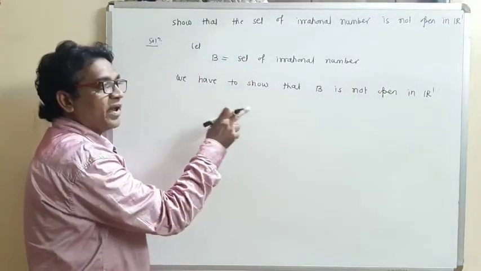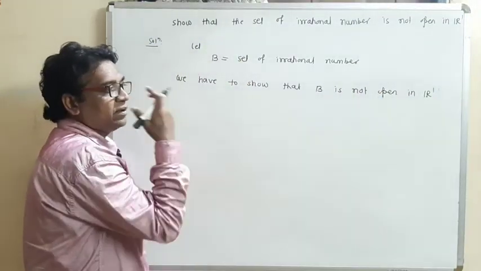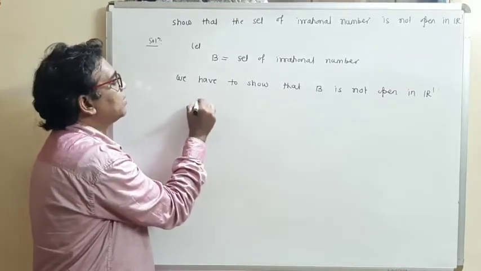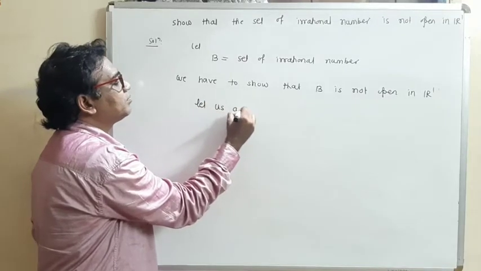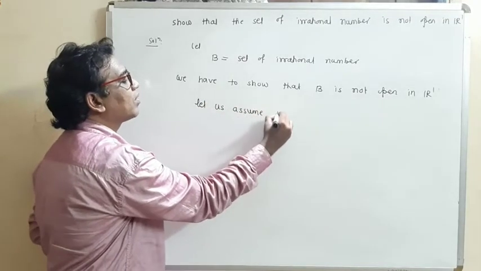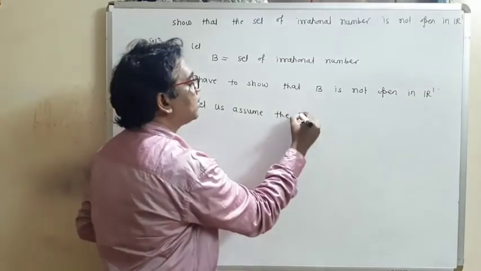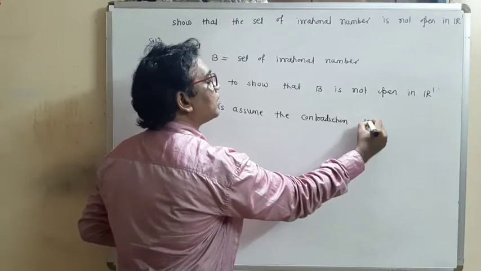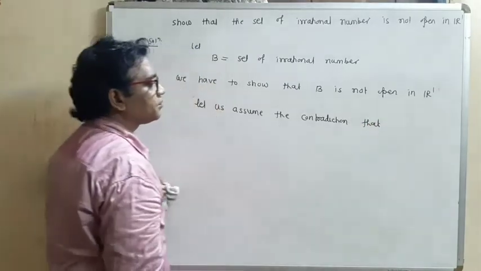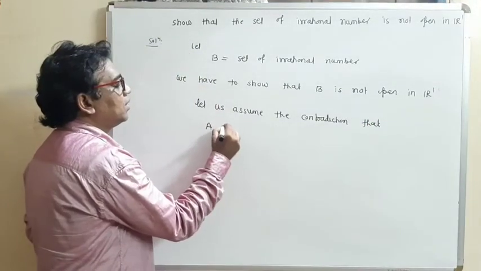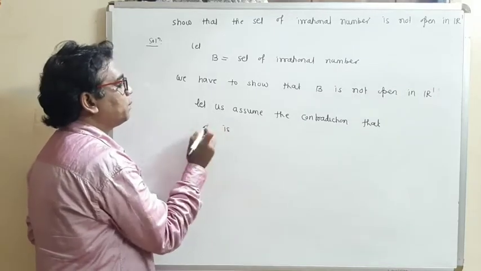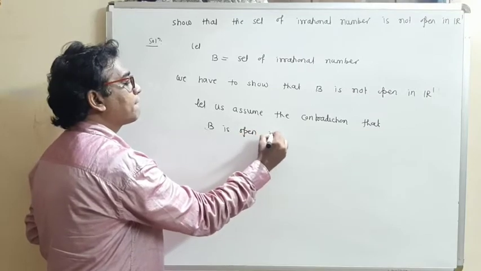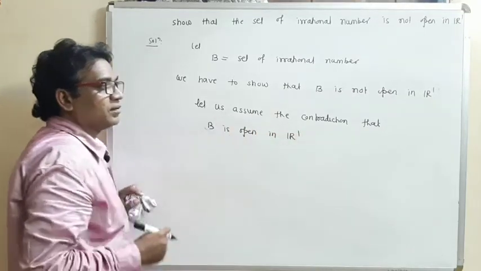So again, this is a negative statement, so again we use the method of contradiction. Write down: let us assume the contradiction that this set B is open in R1.